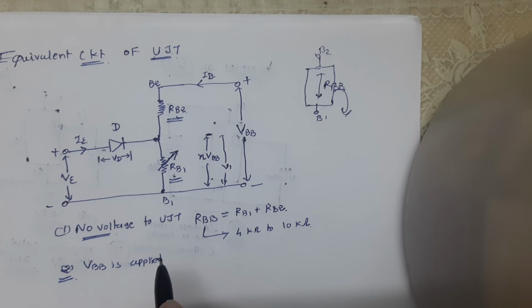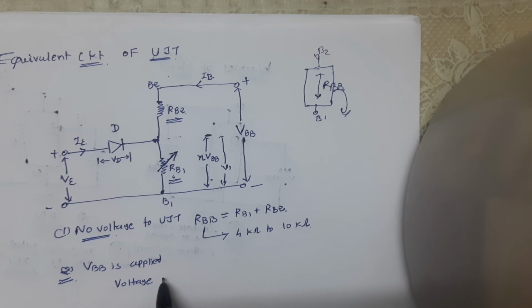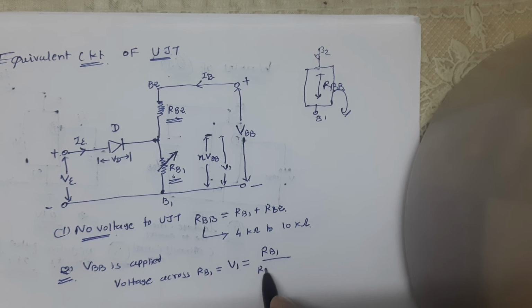So the voltage across RB1 is V1, which is equal to RB1 upon RB1 plus RB2, into VBB.